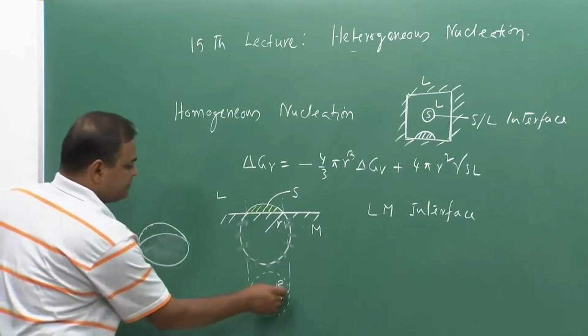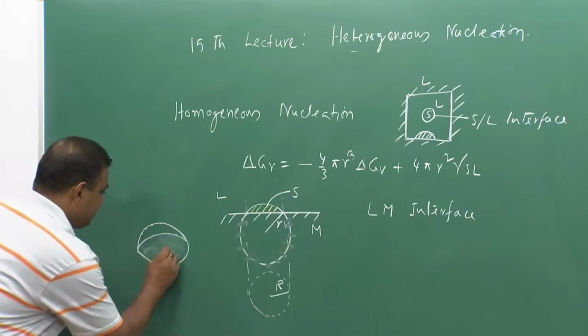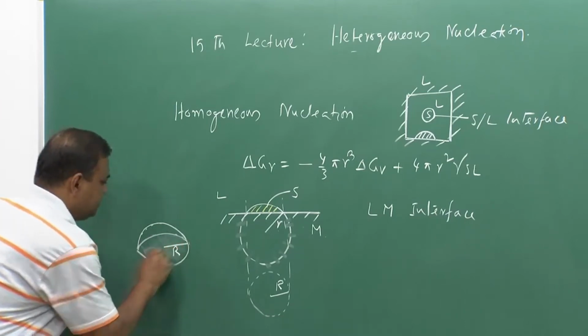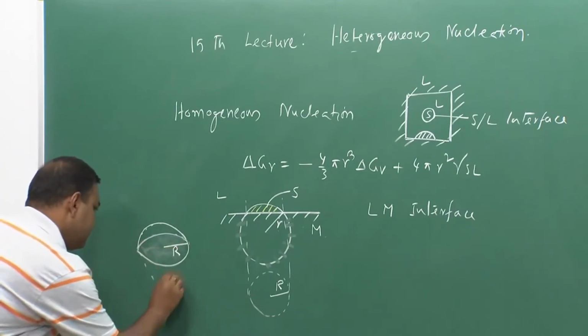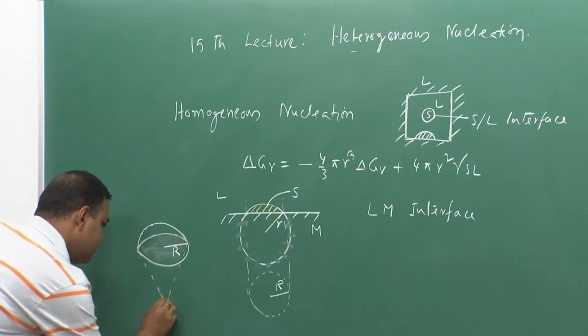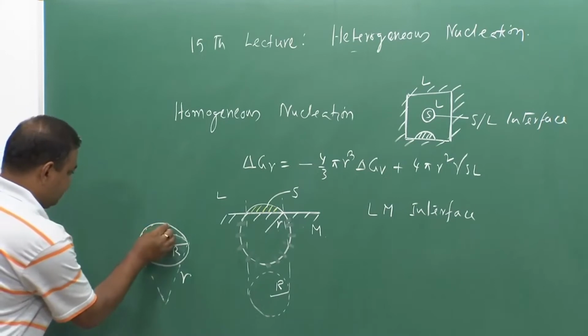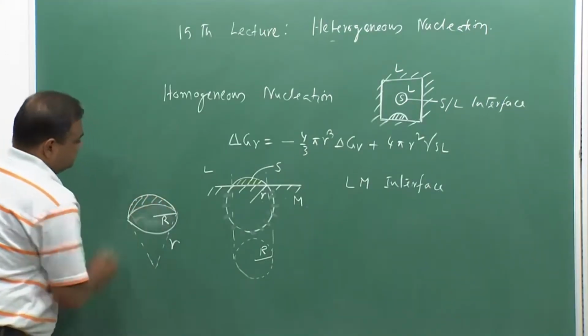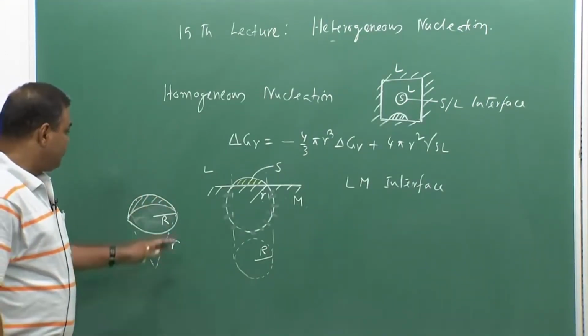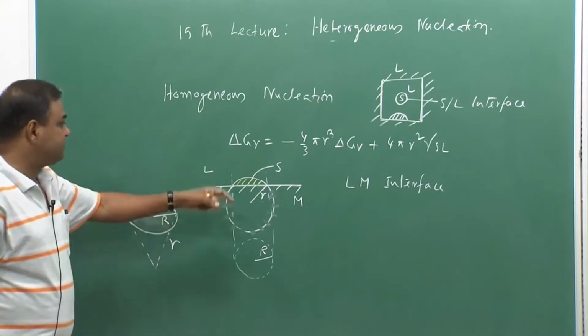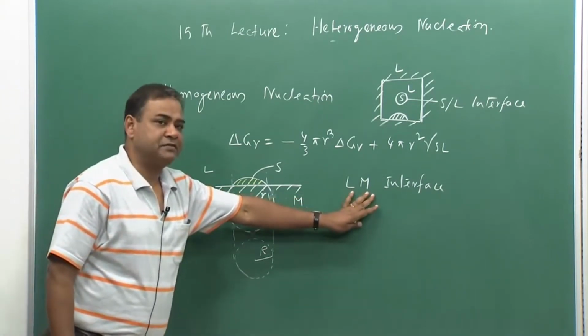So, this was r and this is capital R, and this is my small r. This is that cup.